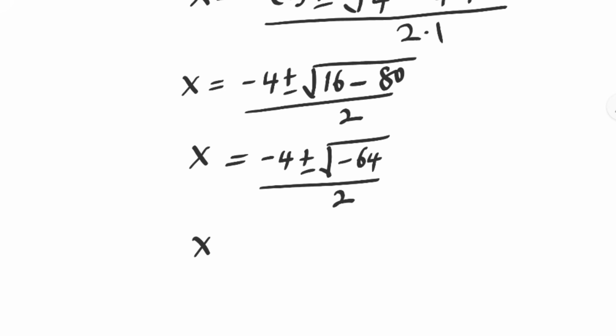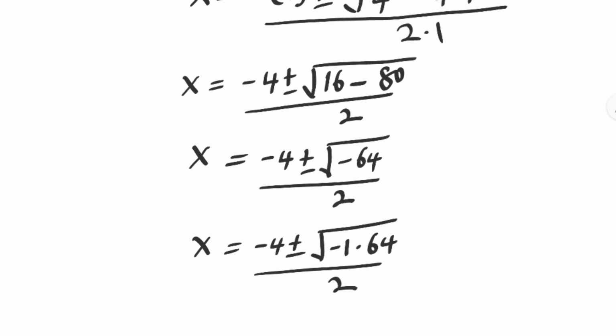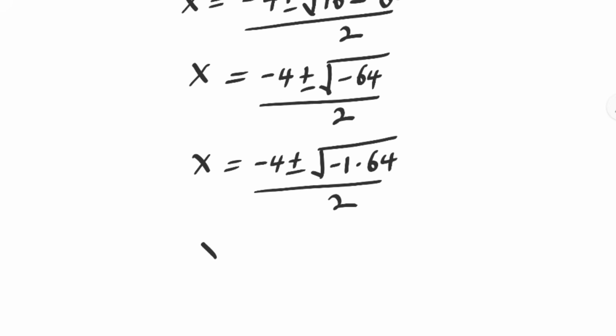Then s is equal to minus 4 plus or minus square root of minus 64 can be written as square root of minus 1 multiplied by 64 over 2. S is equal to minus 4 plus or minus square root of minus 1 is i. Square root of minus 64 is 8i over 2.